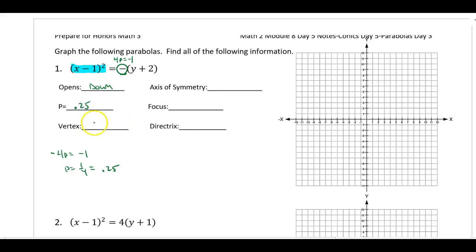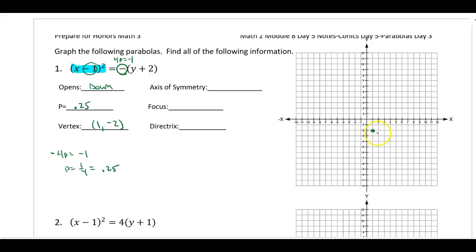Okay? Now our vertex, again, we take the opposite of negative 1, which is 1, and the opposite of 2, which is negative 2. That gives us our vertex. Our axis of symmetry, it's much easier to start your graph and then write that equation. So let's go ahead and plot our vertex at (1, negative 2).